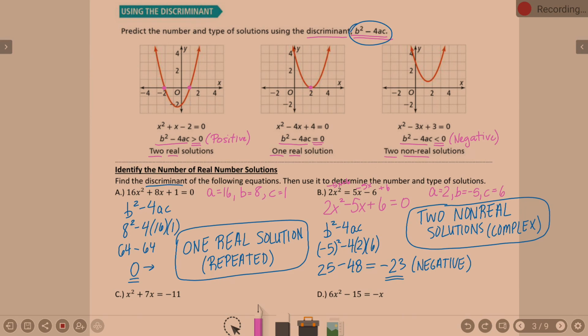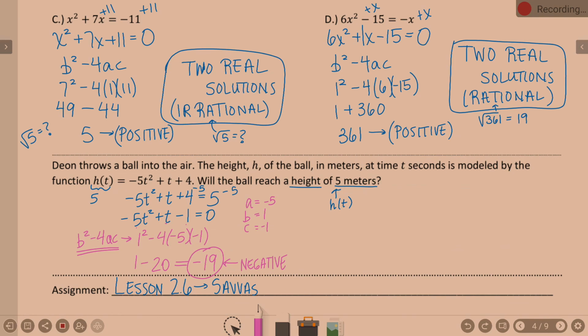So are there any real solutions? No. So, will the ball reach a height of 5 meters? As you guessed, no. So we did not need to do the math because we knew the answer. Okay, estimation.